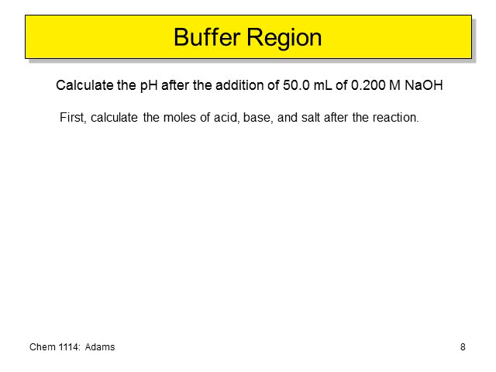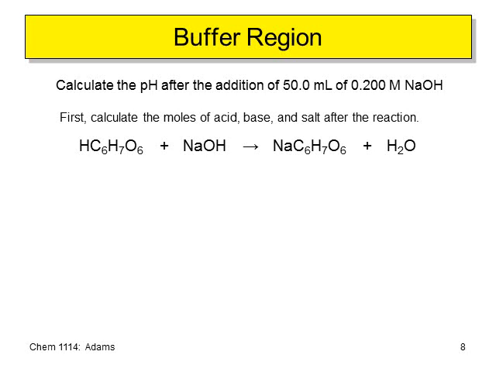Part B of question 1 asks to calculate the pH after the addition of 50 milliliters of 0.200 molar sodium hydroxide. So using the first step of the procedure, we're going to calculate the moles of the acid, base, and salt after the reaction. We're going to use the acid-base reaction equation.